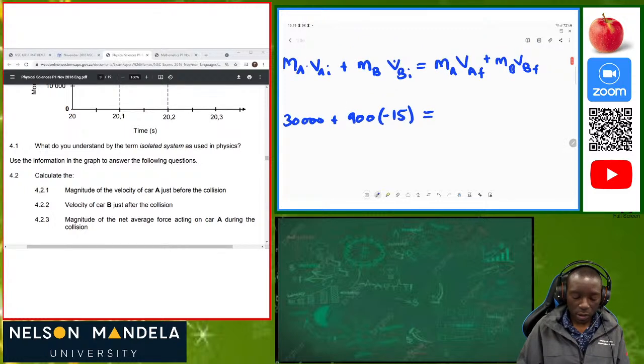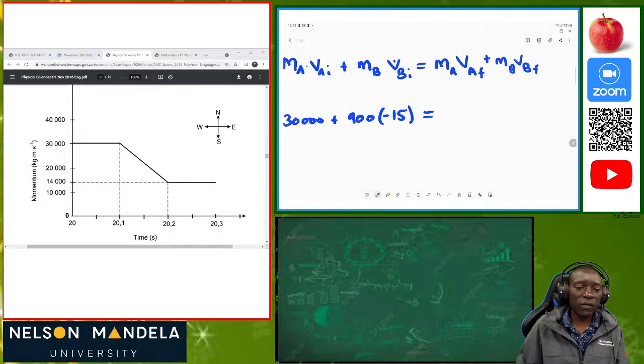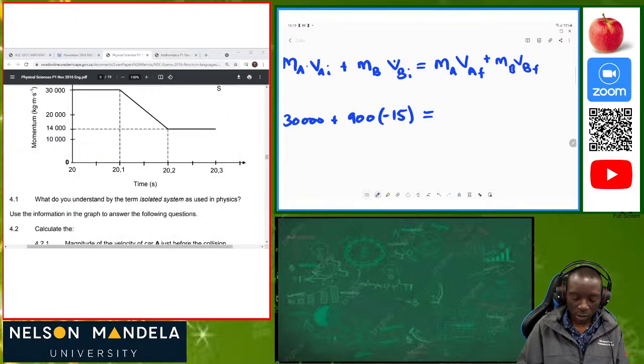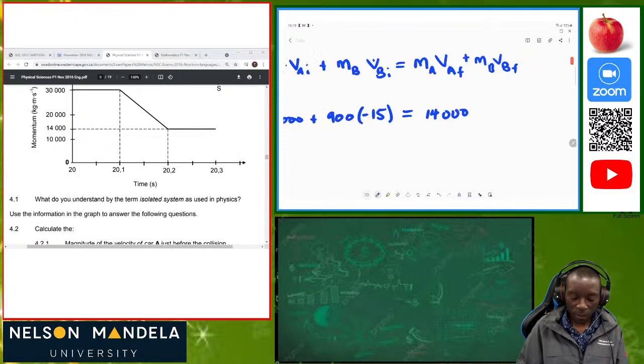And the mass there, 1,500 times velocity for A finally, we can pick that from the graph, and that's 14,000. So we have 14,000, the final momentum of A, plus 900 times the final velocity of B.